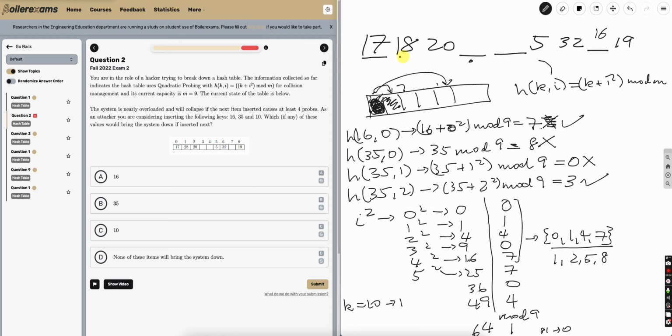And you can see that 1 is already taken, 2 is already taken, 5 is already taken, and 8 is also taken.